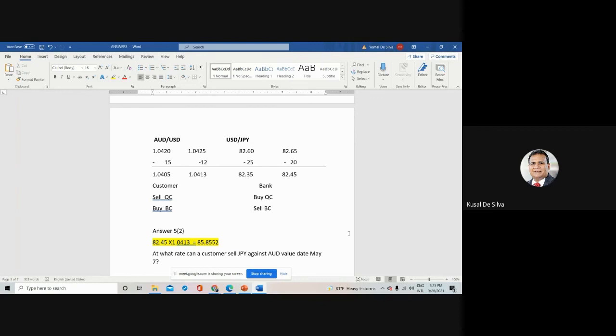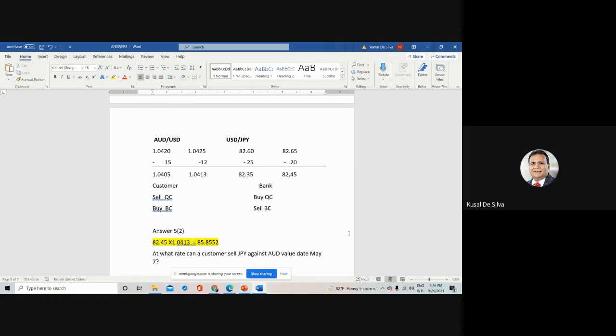In my definition, it says very clearly: the bid rate is the rate at which the bank is going to buy the base currency or sell the quoted currency. The ask rate is the rate at which the bank is going to sell the base currency or buy the quoted currency. Then you need to understand whether the bank is buying the base currency or the quoted currency, or selling the quoted currency or base currency. Then apply the rate. That's it.